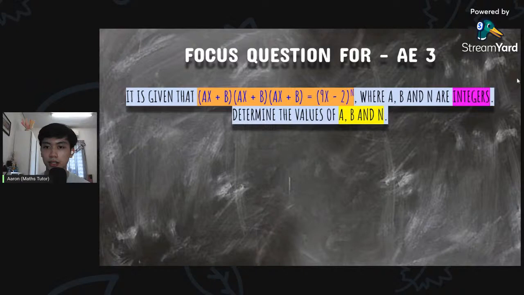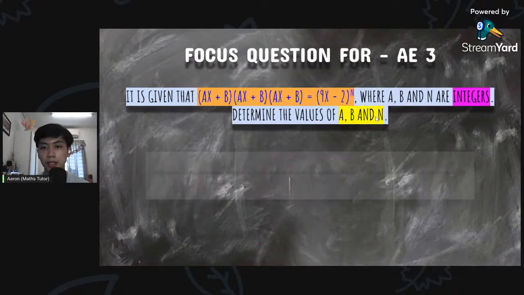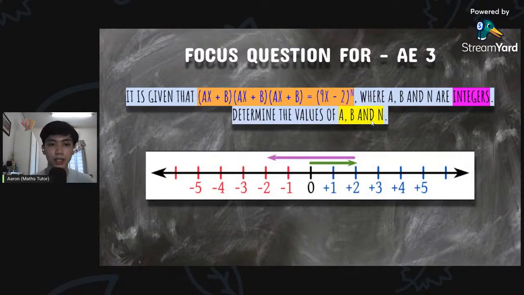Kita ada belajar integers, that means it is a whole number. There's no decimal, there's no fraction. So determine the values of a, b and n. We need to know what is a, what is b, and what is the value for n.